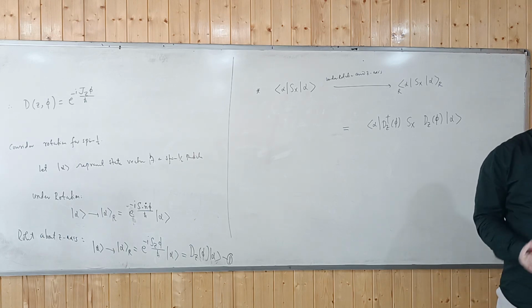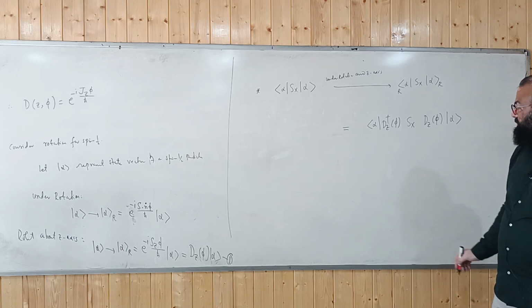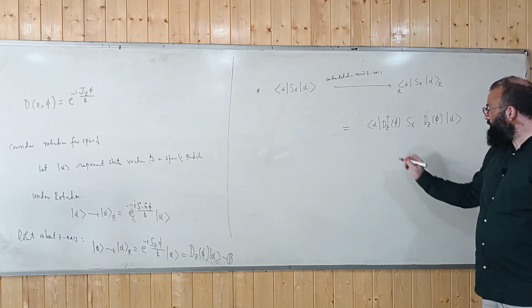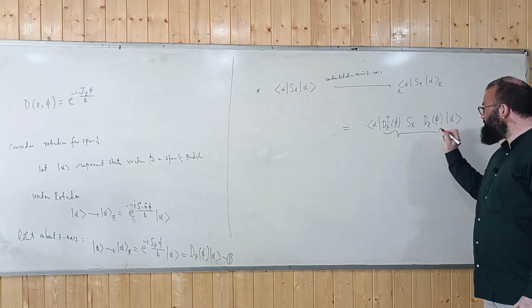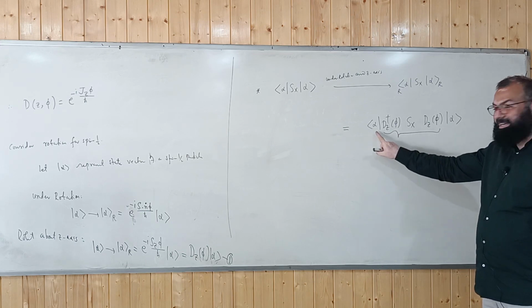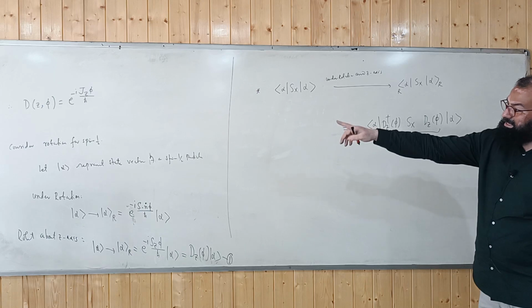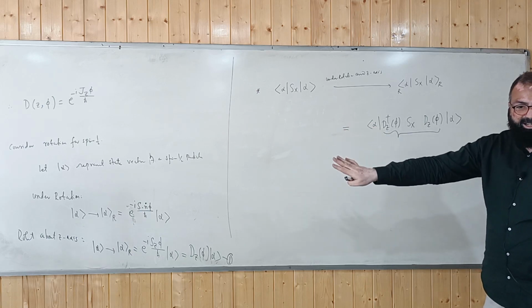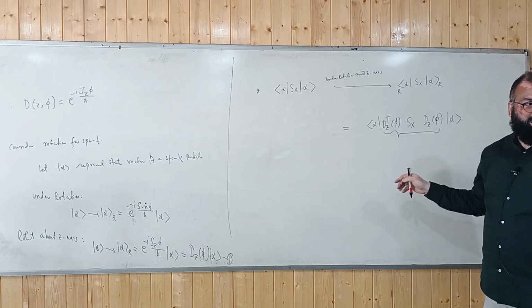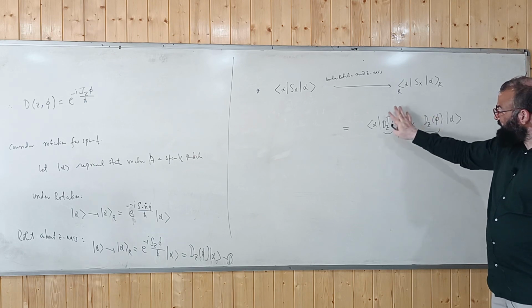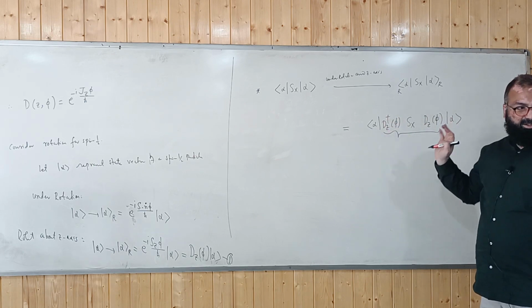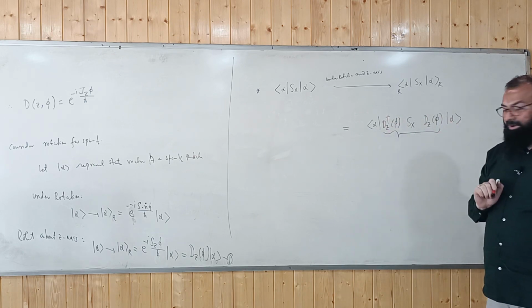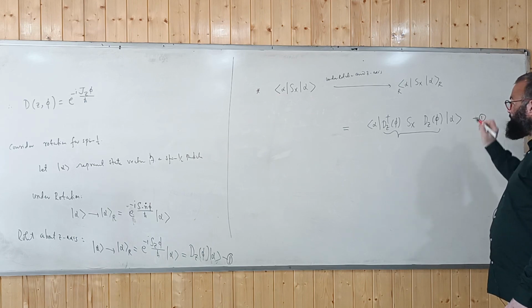So what do I need to calculate then? I need to calculate this object. The state vector is at hand, I know it because I started with a state vector alpha. What is now unknown to us, what we need to calculate, is this object. Let's call this the first.